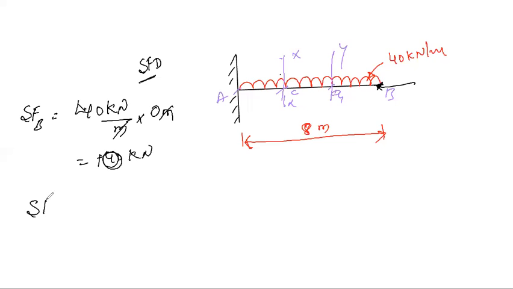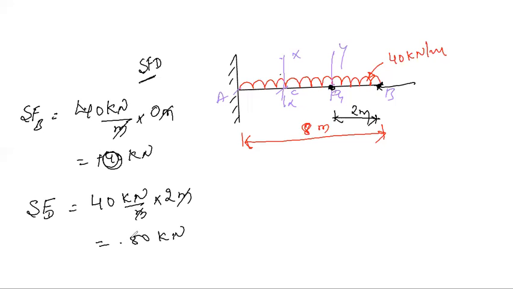Next, shear force at point D, tell me, shear force at this point, again 40 kilonewton per meter into the distance from here to here. For example, if it is 2 meter here, then the answer will be 80 kilonewton, right? 80, this is positive.